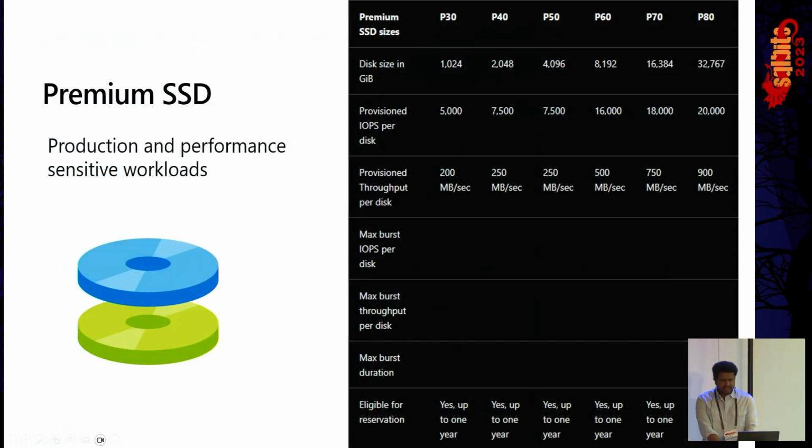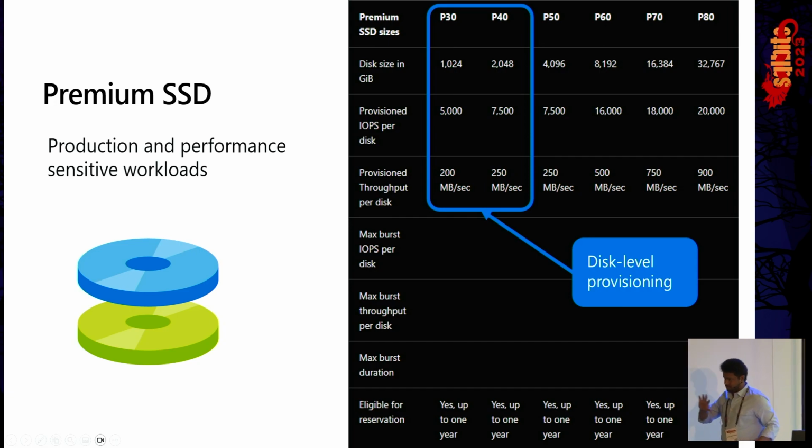Now, as I said, each and every disk type has its own way of configuration. Premium SSD comes in different formats: P30s, P40s, P50s, P60s, P70, P80, etc. P30 has a maximum of 5,000 IOPS, and P40 a maximum of 7,500 IOPS, and a P40 can only go up to 2 terabytes.